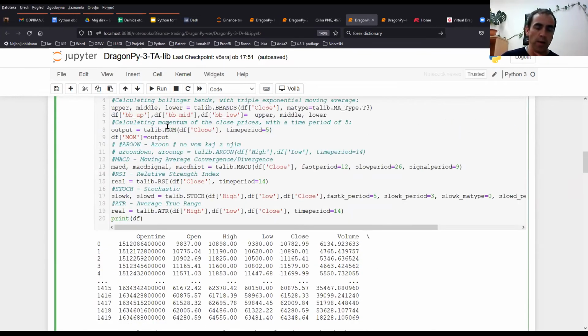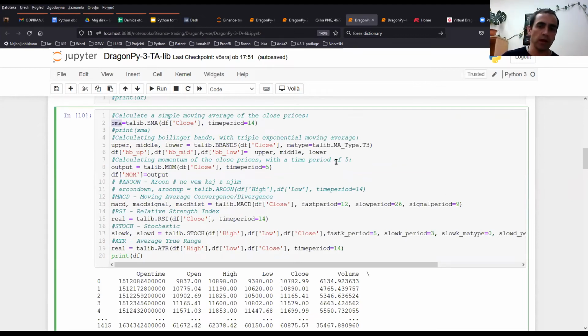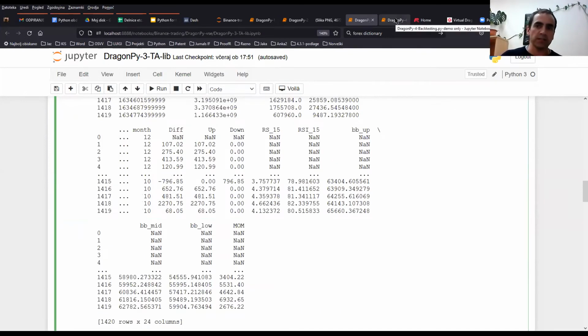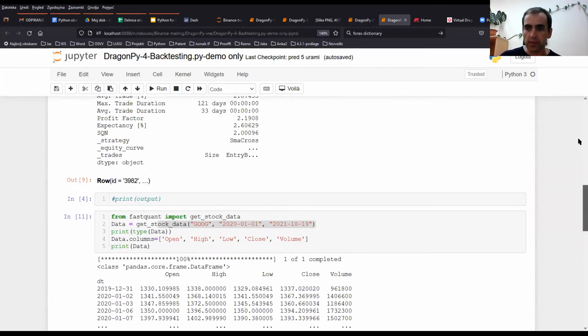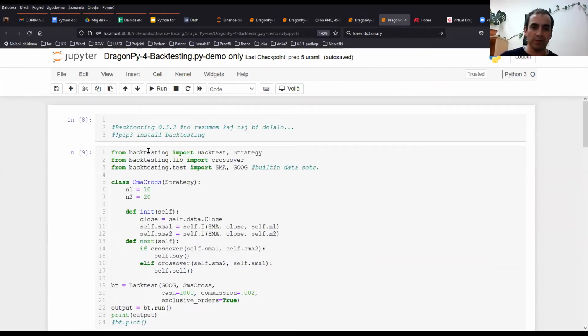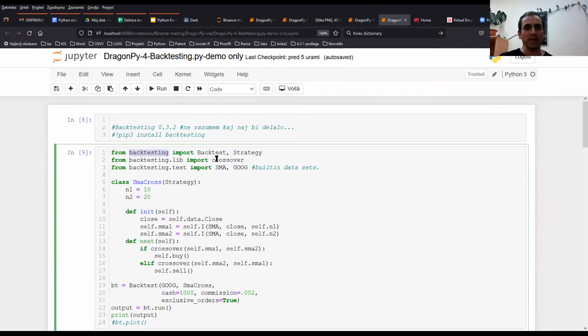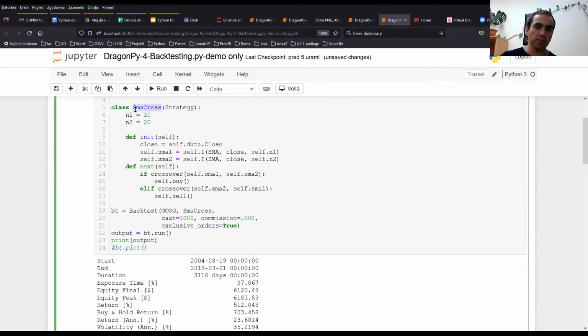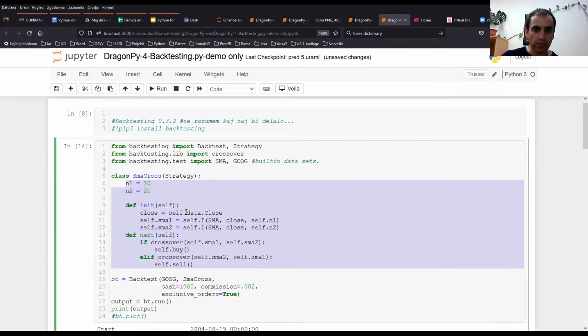So this is a very often used library when you're creating some trading strategy. There is another library, backtesting, and it's also, as the name says, for backtesting strategies. Here you can manually create a simple strategy that you define as a class.